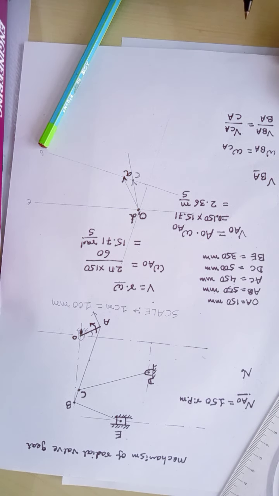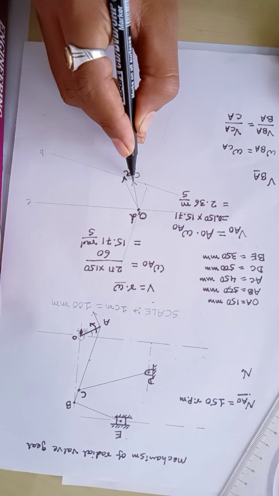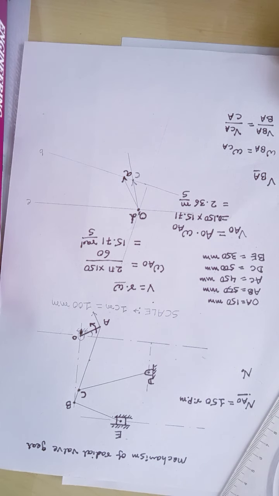Now see, CA is available, this length is available. Let me find it out.